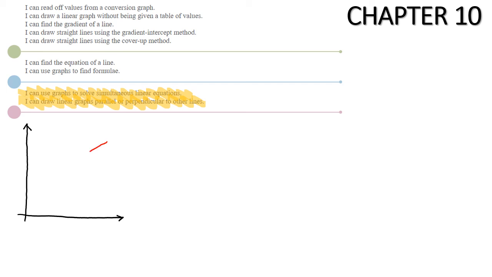Let's say I had a line like this. Let's say that the equation of this line was y equals 2x plus 4. And let's say I had another line that was like this. And so let's put some numbers on here. So this would be the number 4.